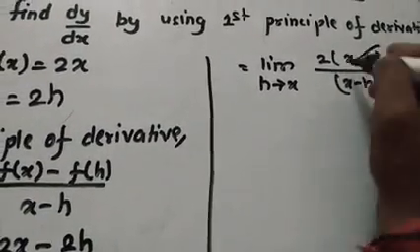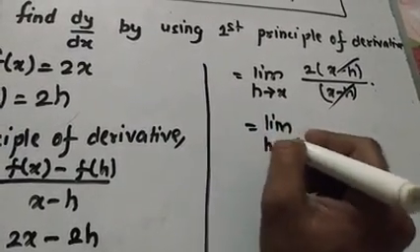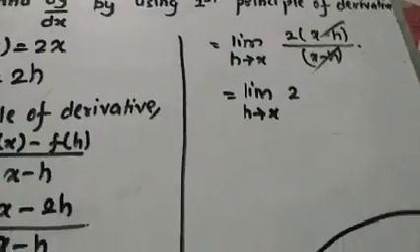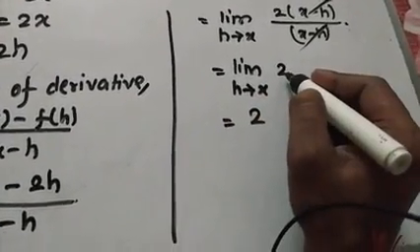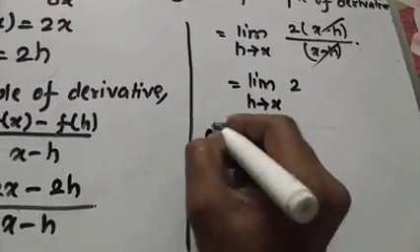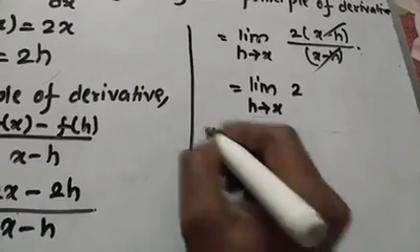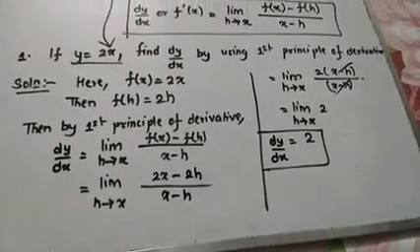Now x minus h, the same factor, we can cancel out. So finally what remains here? 2. The answer will be 2, because 2 is a constant, and the limit of a constant remains the same. So finally your dy by dx is 2. This is the answer. You can note it down.